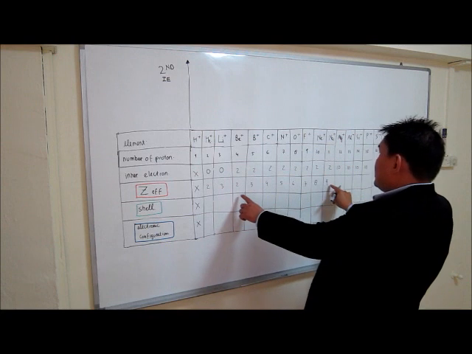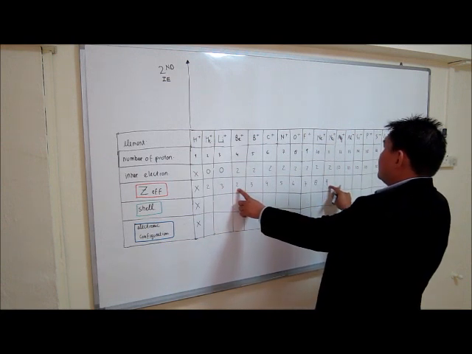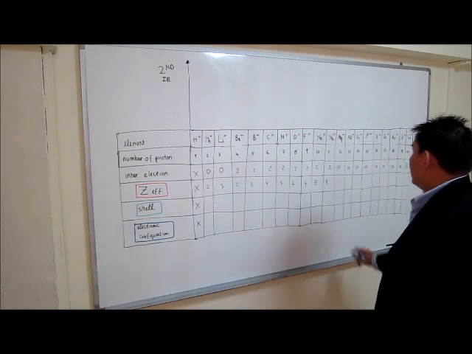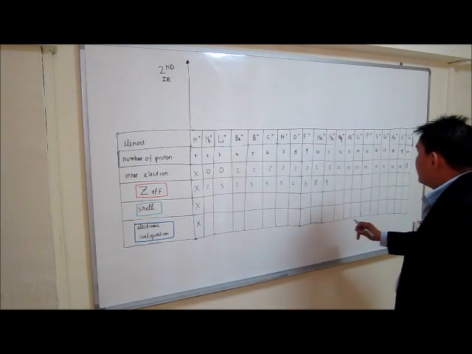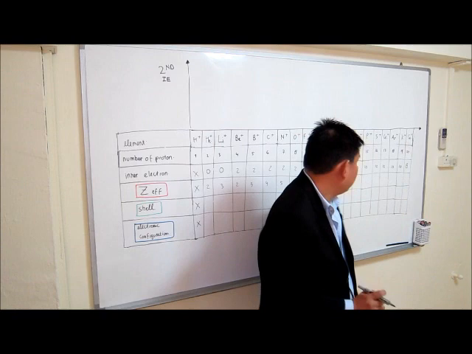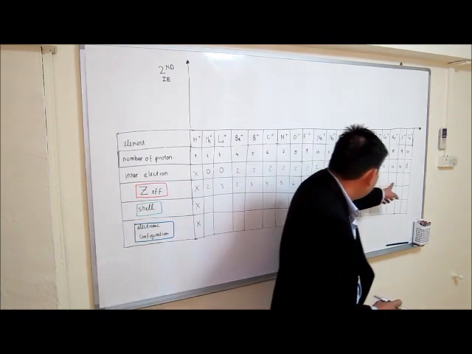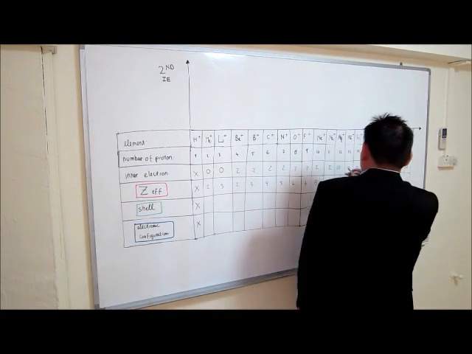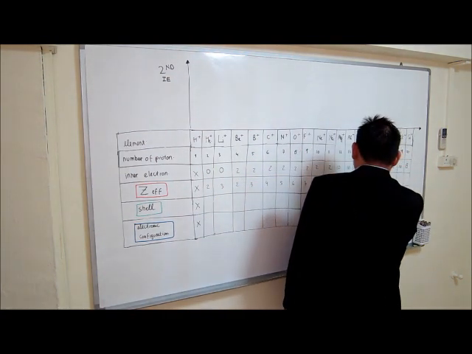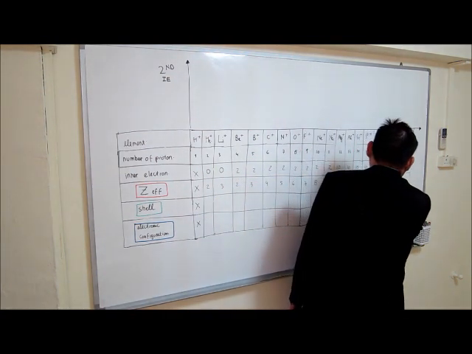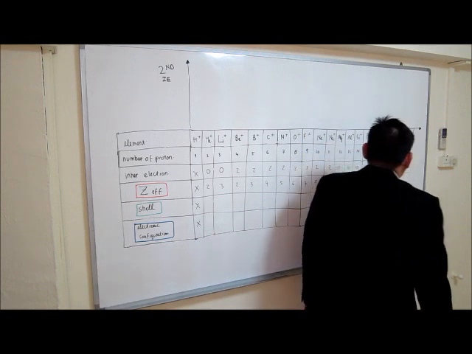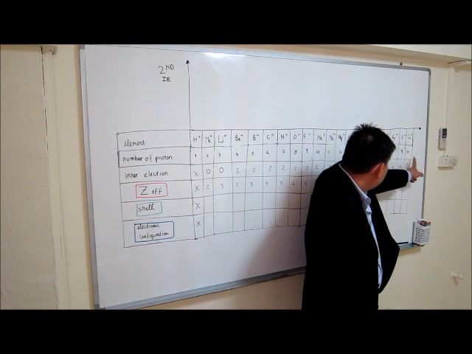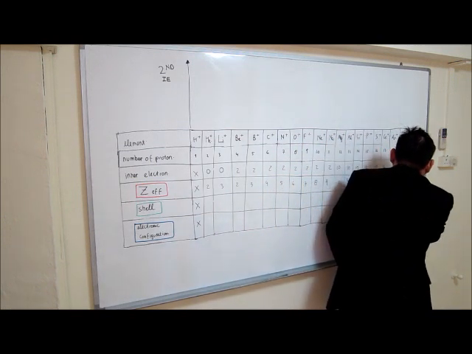So it will be increasing from Be+ to Na+. Similarly from Mg+ to K+, the effective nuclear charge will be increasing: 2, 3, 4, 5, 6, 7, 8, 9. It will drop again. Ca+: 20 minus 18 is 2.